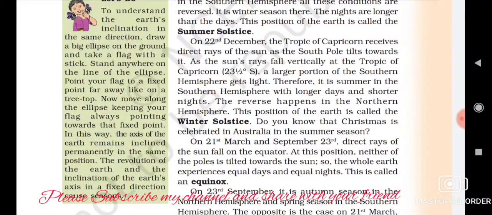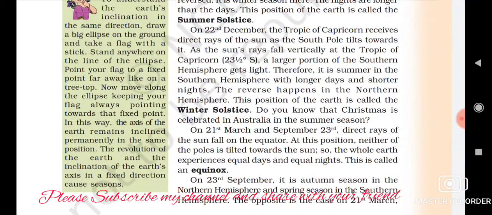A large portion of the southern hemisphere gets light, similar to how on 21st June the northern hemisphere gets light. Therefore, it is summer in the southern hemisphere. The longer day and the shorter night occur in the southern hemisphere, and this is called the winter solstice.